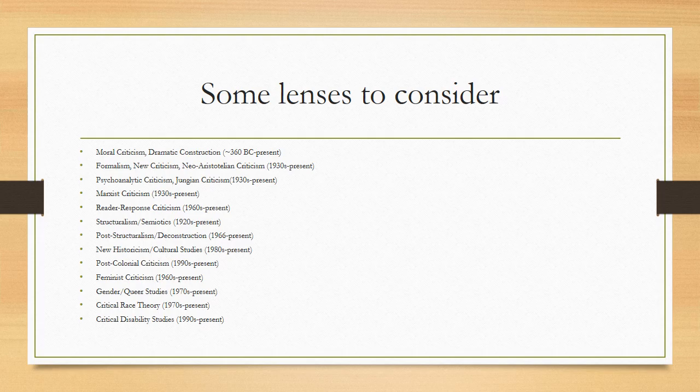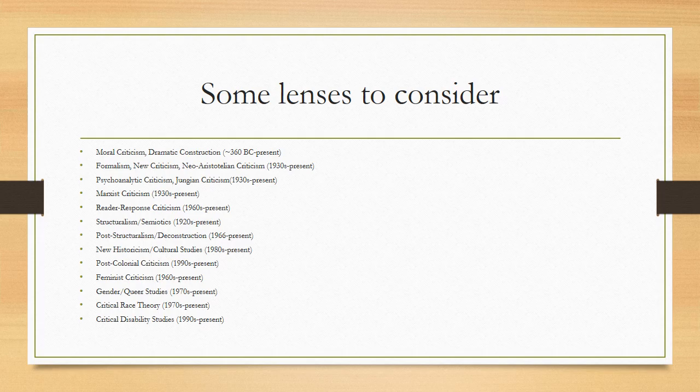Many make an argument that the U.S. is an empire and has colonial-type relationships with countries. Psychoanalytical criticism looks at what's going on in the characters' or the authors' or the audience's minds. Deconstruction looks at binaries and how things that seem like opposites actually have things in common.